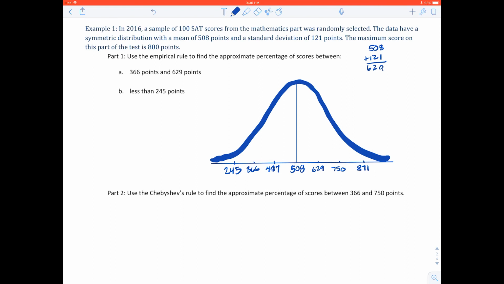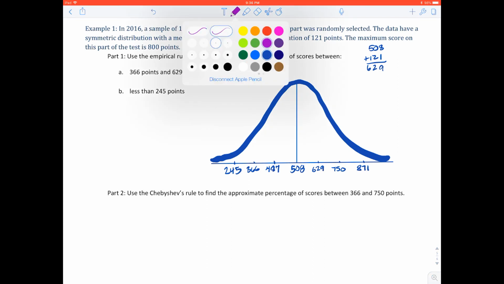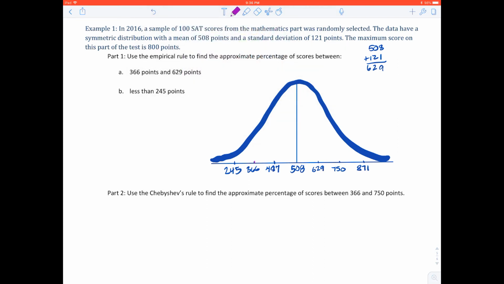So here we go. We're interested first in the percentage between 366 and 629 points. So let's make a picture. 366 is 2 standard deviations away from the mean, and so I know that from here to here will be some of the values of interest, and then from here down to here are values of interest.